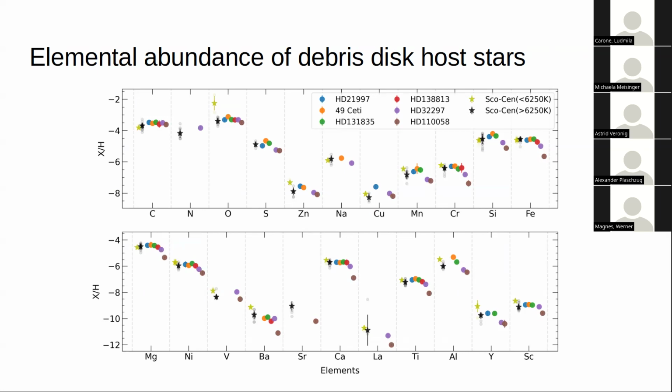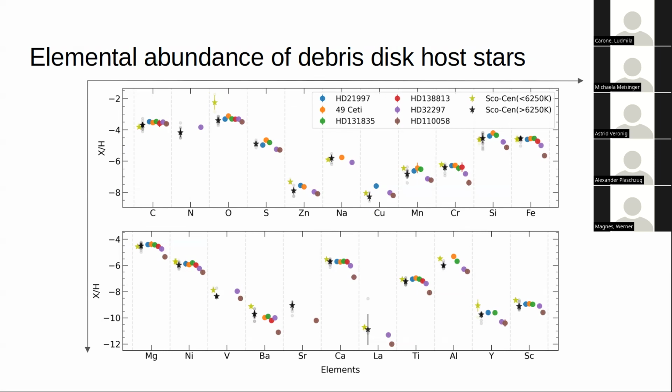And if you note, along the x-axis, they're not sorted by increasing order of atomic number, but they're sorted by how refractory they are. So, for example, carbon, nitrogen, oxygen would be more volatile. And as you go down, they become more and more refractory, so they would be more and more likely to be in dust.